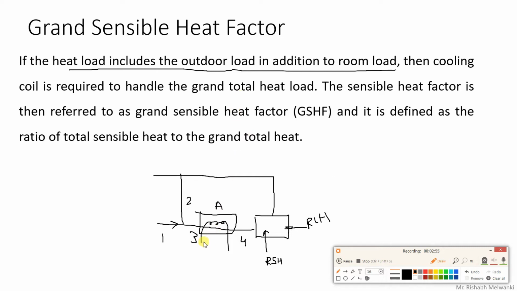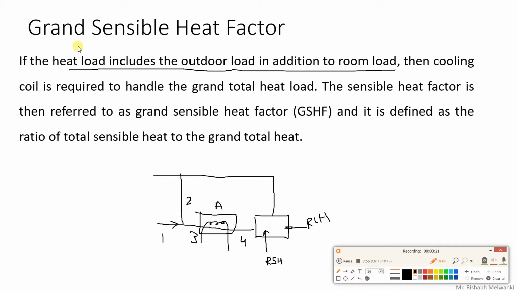Okay, so if you consider the cooling coil over here, this cooling coil has to handle, if you consider sensible heat, total sensible heat, it will handle room sensible heat plus outside air sensible heat. And if you consider latent heat being handled by this coil or apparatus, it will be room latent heat plus outside air latent heat.